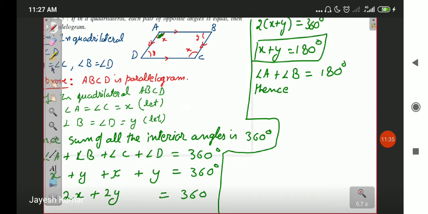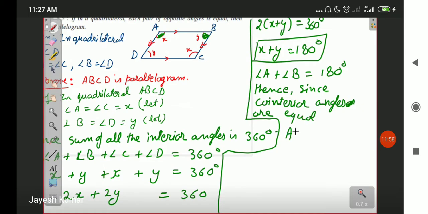That means this angle and this angle are supplementary. Hence, since co-interior angles are supplementary, therefore line AD is parallel to BC. We have proved one pair of lines is parallel.